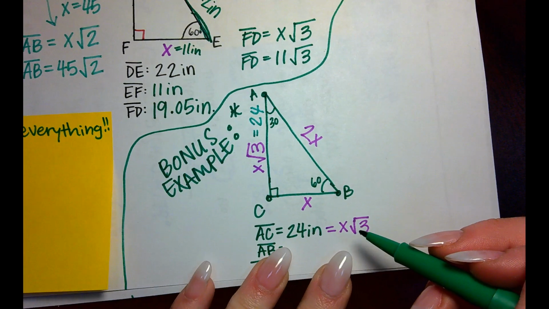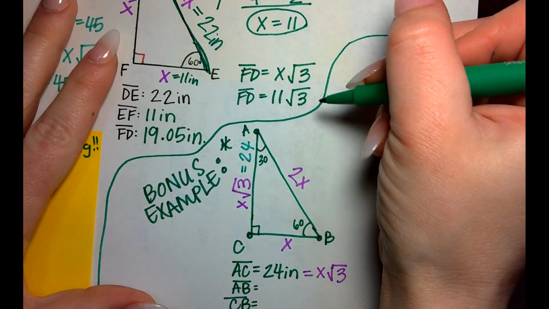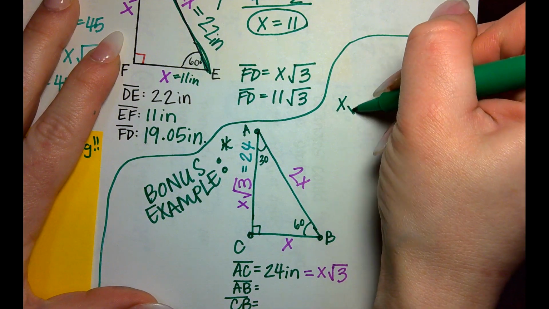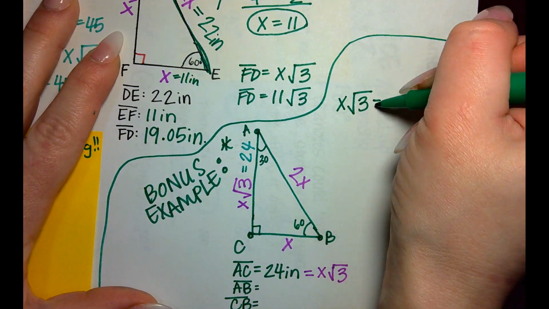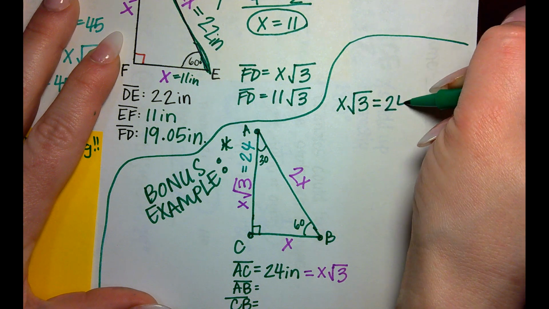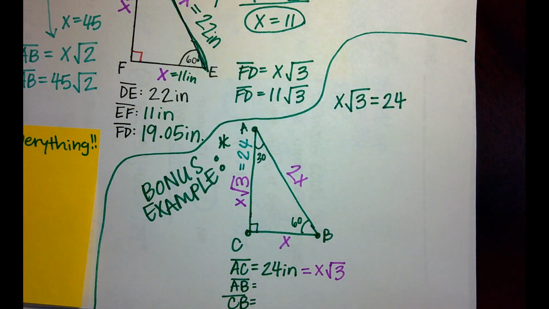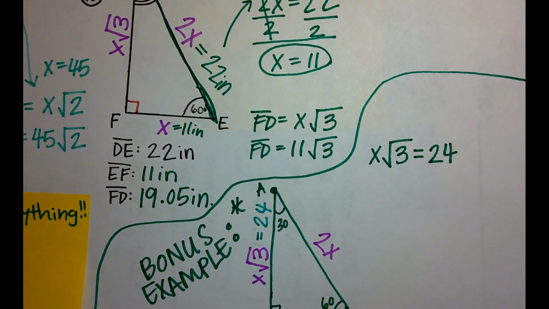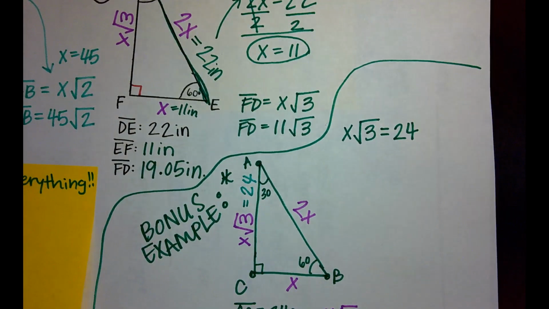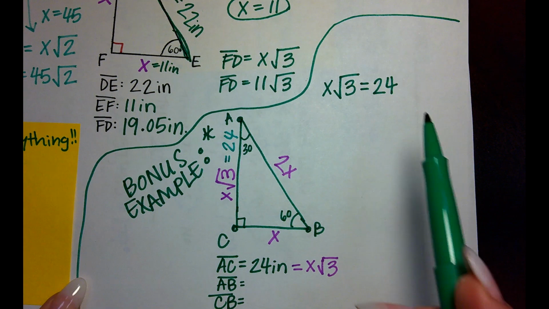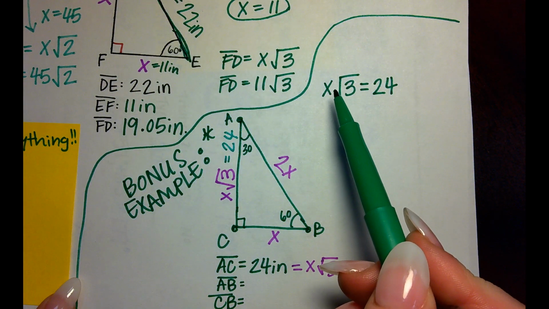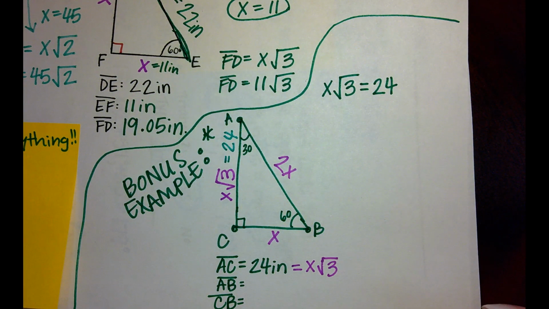So over to the side, I am going to write that out again. x radical 3 equals 24. Now, when I have x radical 3, it's a shorthand version of saying x times radical 3. Yes, Michael? You would just divide 24 by 3.